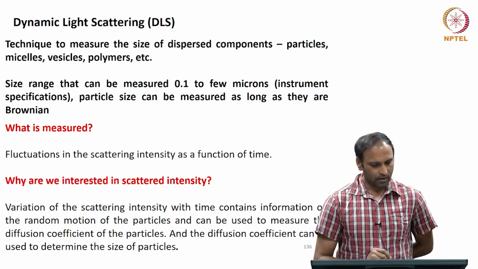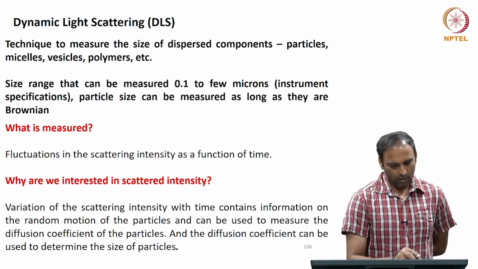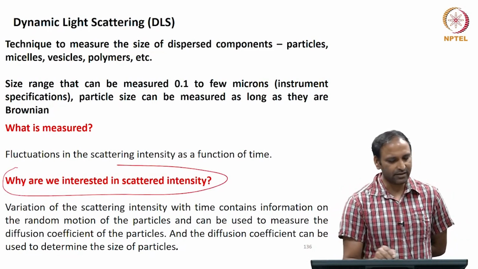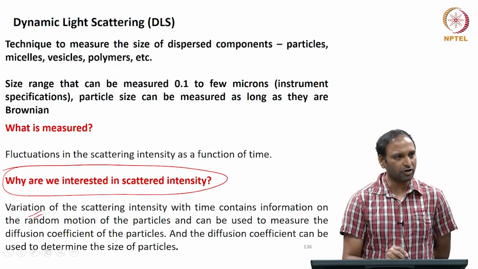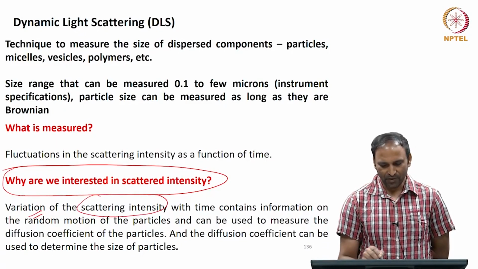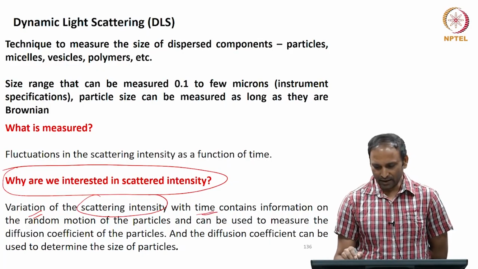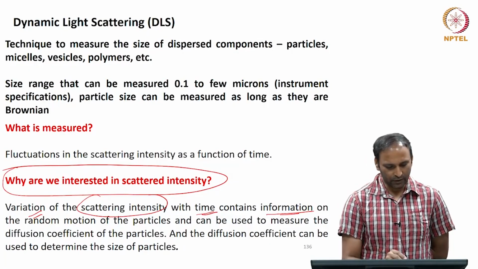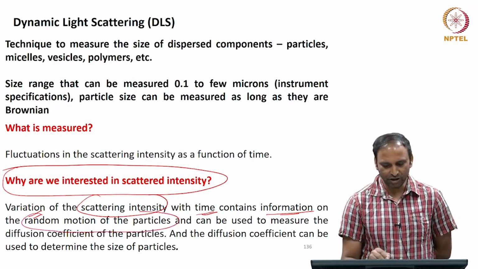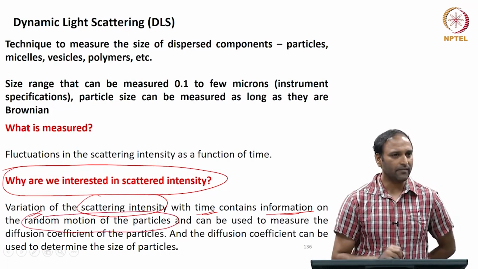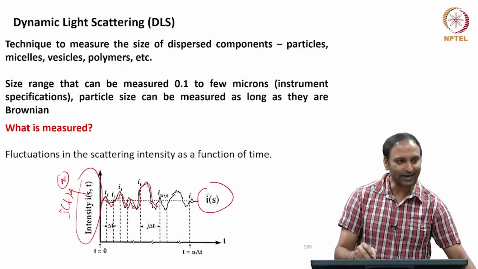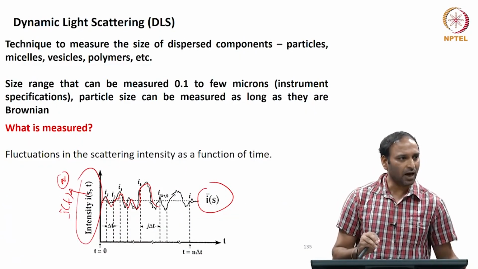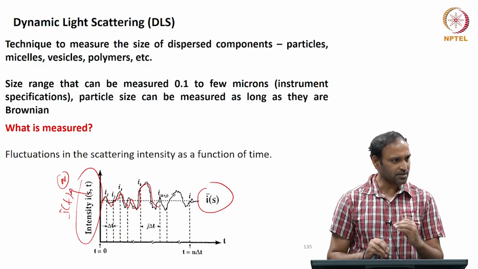Now, why are we interested in the scattered intensity as a function of time? Because the variation of scattered intensity with time contains information on the random motion of the particles. The intensity fluctuation that you saw here arises because the particles are not fixed in space.